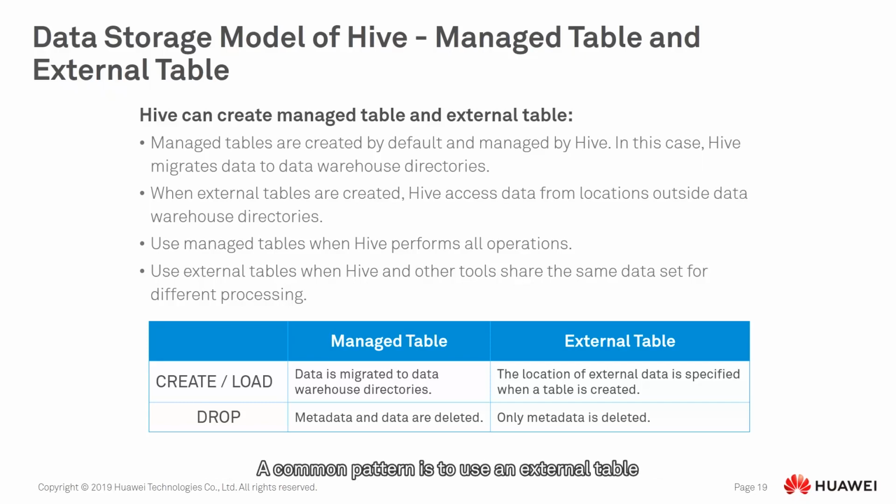A common pattern is to use an external table to access an initial dataset stored in HDFS, then use a Hive transform to move the data into a managed Hive table. This works the other way around too. An external table can be used to export data from Hive for other applications to use.